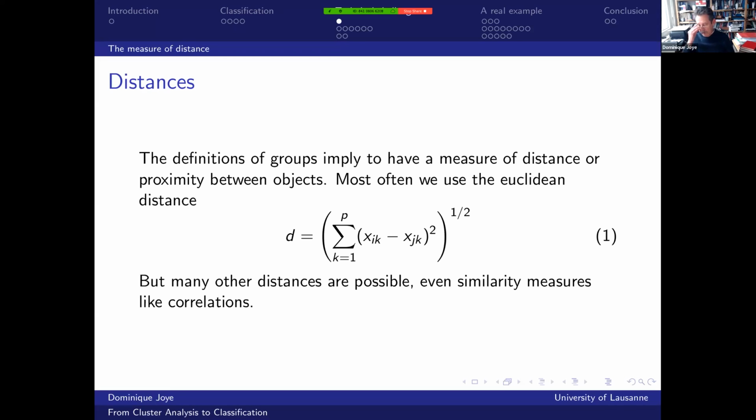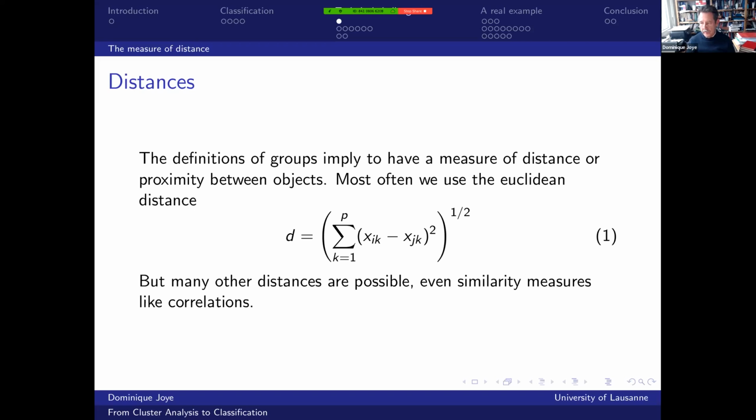That also means, and I will come back to this a little later, that the example I will show you is distances between individuals, but it's also perfectly possible to analyze the distances between variables, just by transposing the data matrix, and you can run the analysis in one direction or the other.